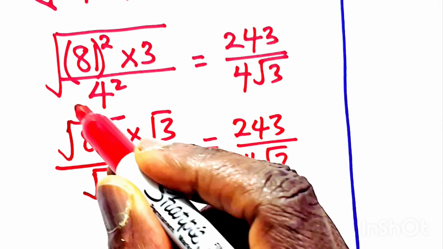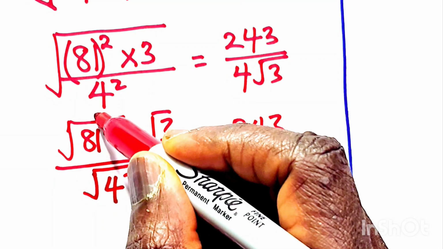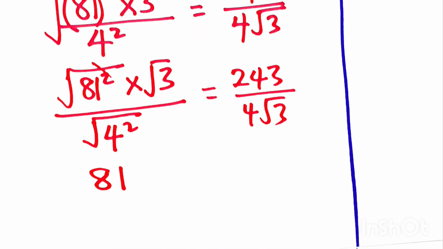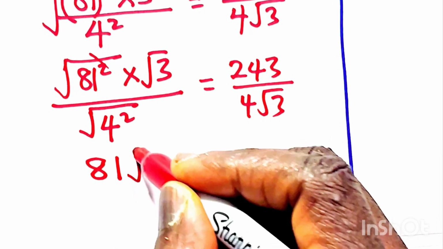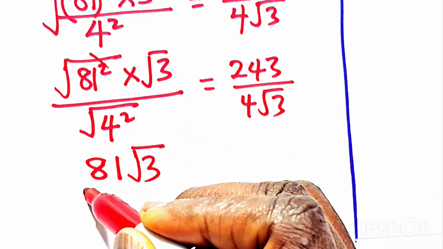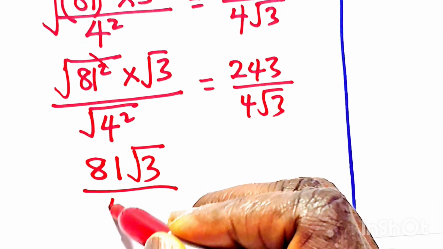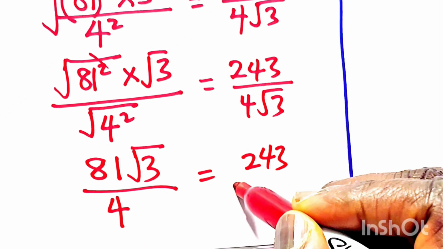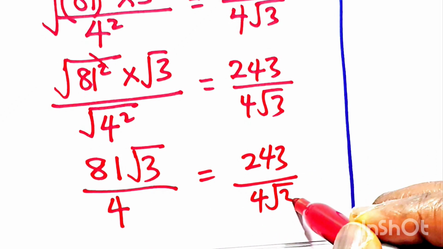So we can find the square root cancels out this square. We can have this one as 81 root 3. 81 root 3 divided by 4 will equal to 243 divided by 4 root 3.